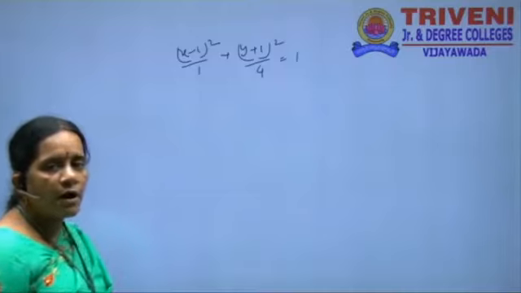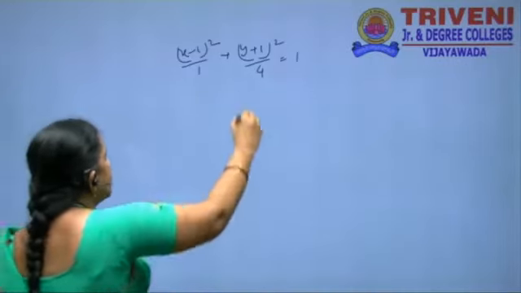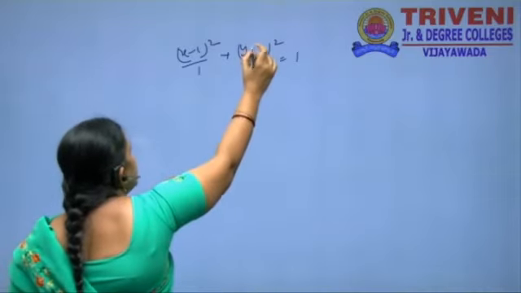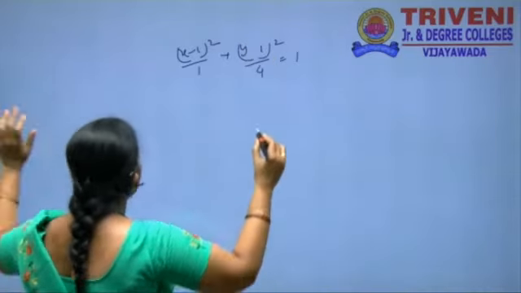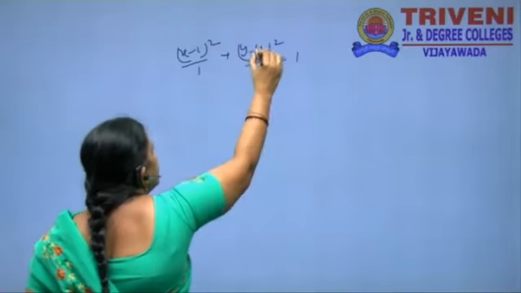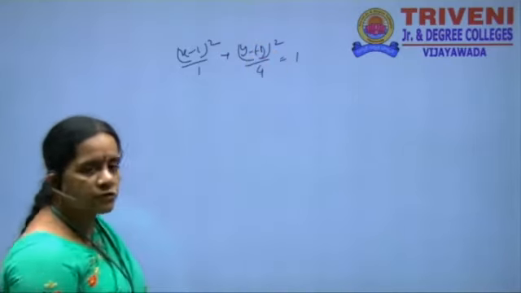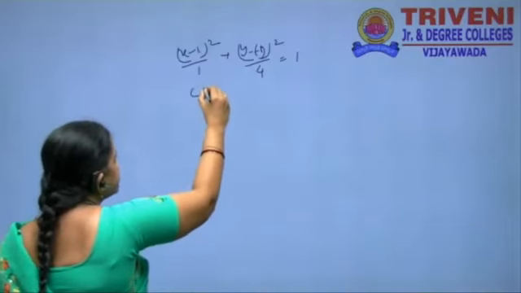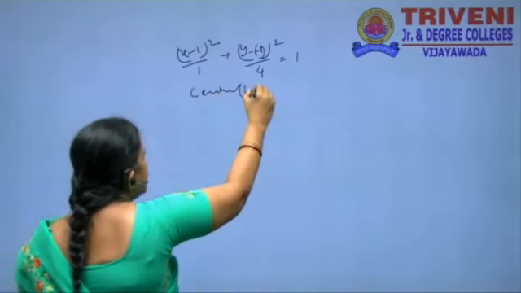This is in the form of (x minus h) whole square by a square plus (y minus k) whole square by b square is equal to 1. Here the center is h comma k.